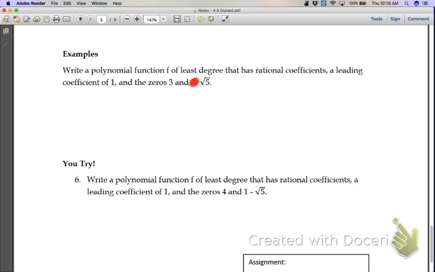Now, with any of these, whenever we write our function, we always want to take the 0 and set it equal to x minus whatever number we have.